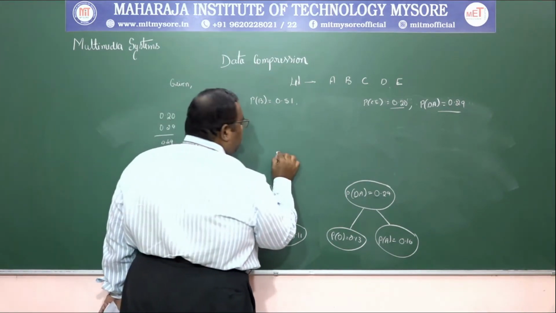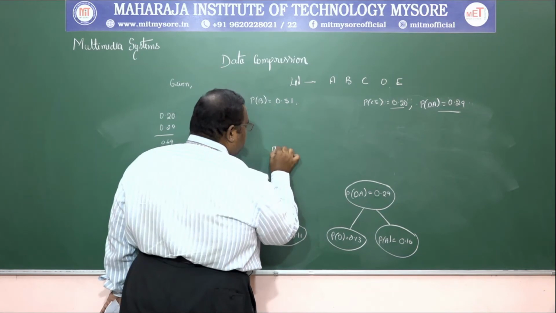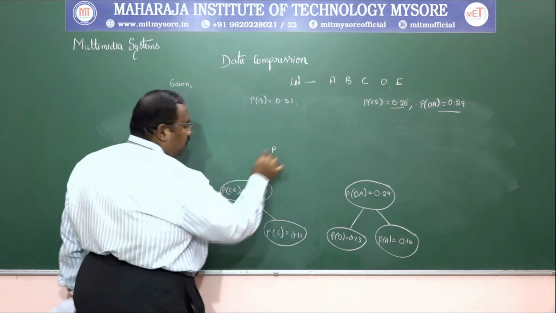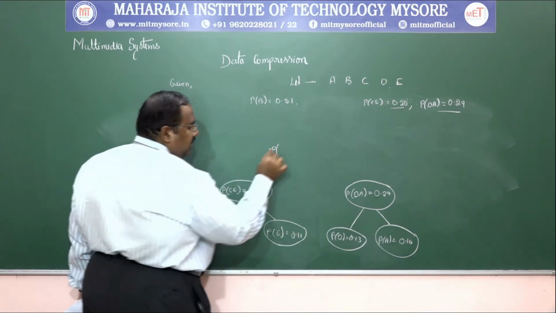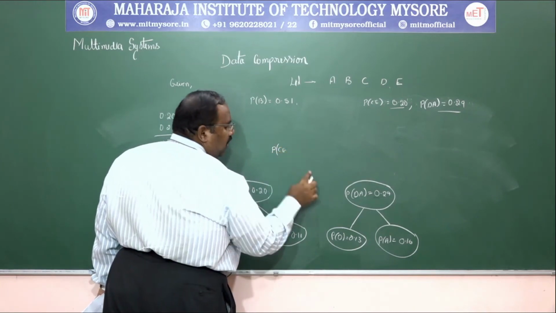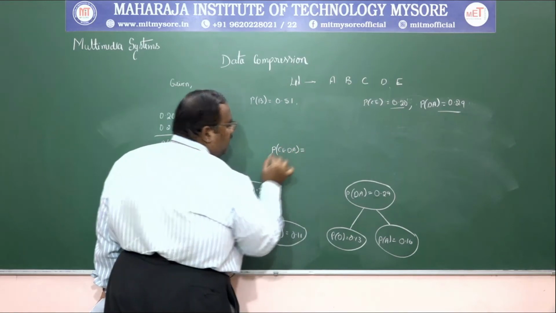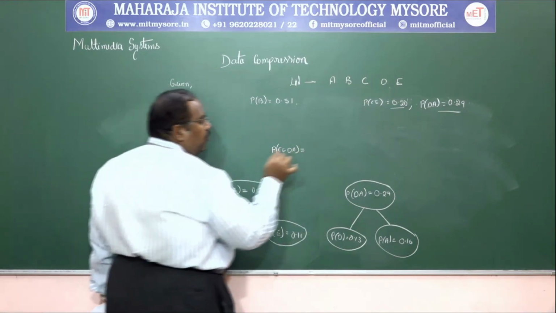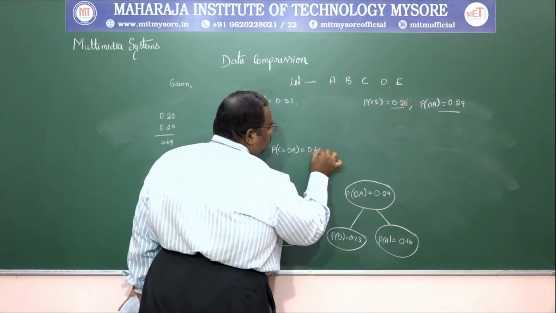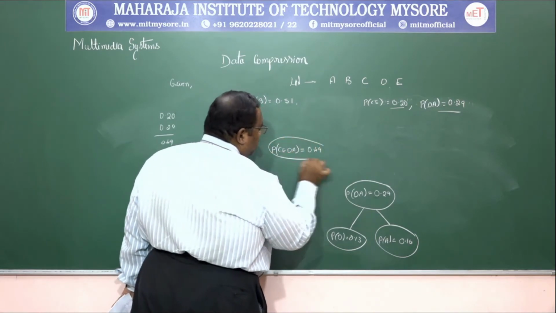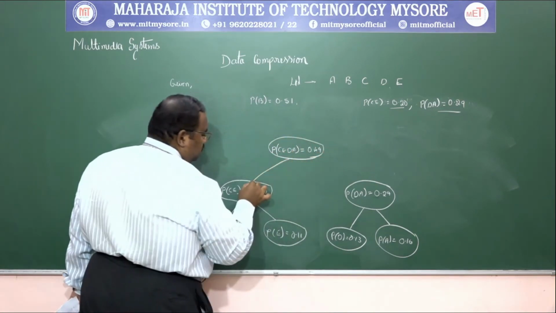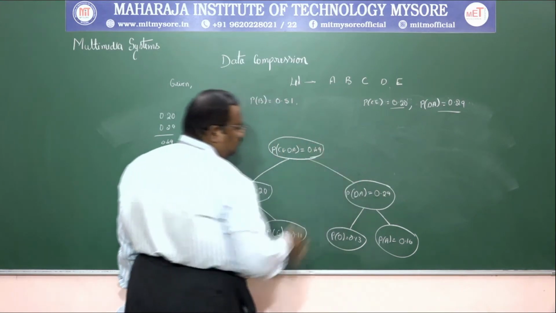So the new node would be here. It is P of CE along with DA. What is the value? We have seen here, 0.49.